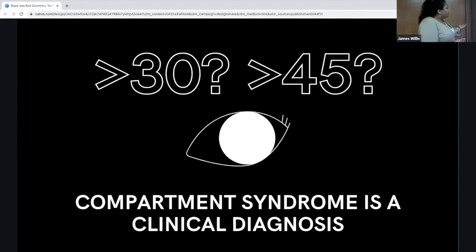But less than 30 millimeters of mercury, they don't really need any intervention. Greater than 45, they probably need immediate decompression. And between 30 and 45, there's this gray area where they might need it or might not. So it's not the best to use just that one measurement, which brings me to the next one.